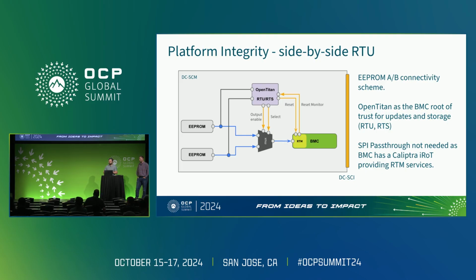It looks like OpenTitan has RTI, or root of trust for identity, and root of trust for measurement. I'm just wondering, is it the same as what you have in Calyptra, or what are the differences between those two, if at all? So we're trying to align at the specification level. We're following TCG specs for attestation.